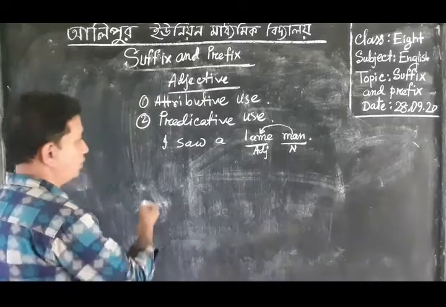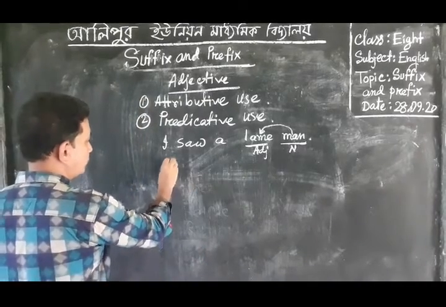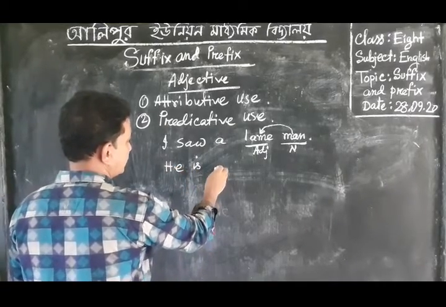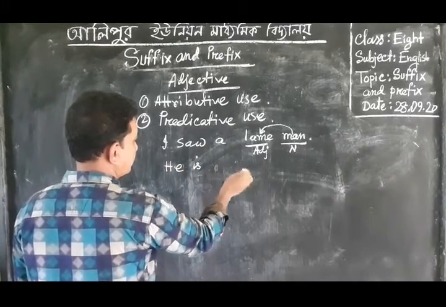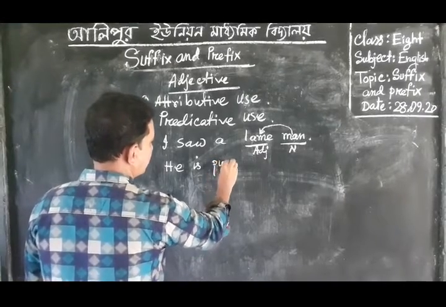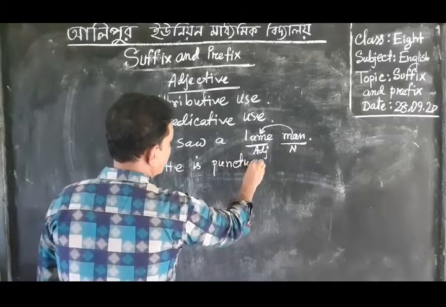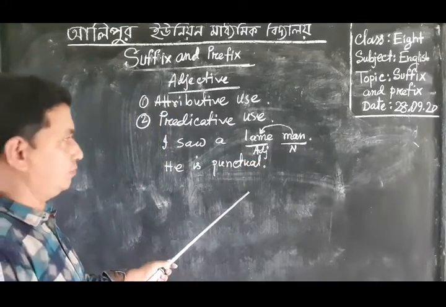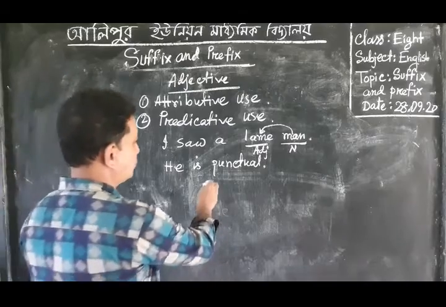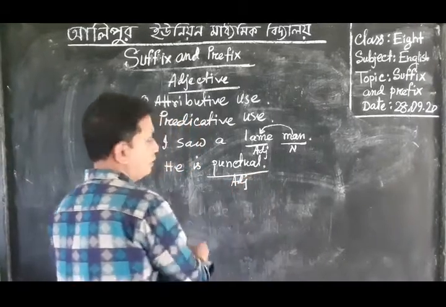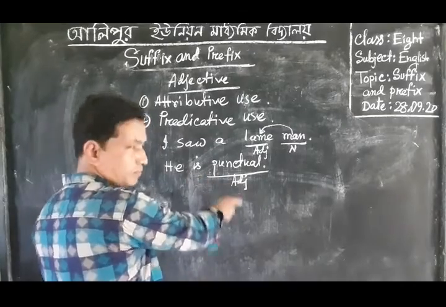And the second example is: he is punctual. Dear learners, he is punctual. Punctual is an adjective because it sits after the verb.